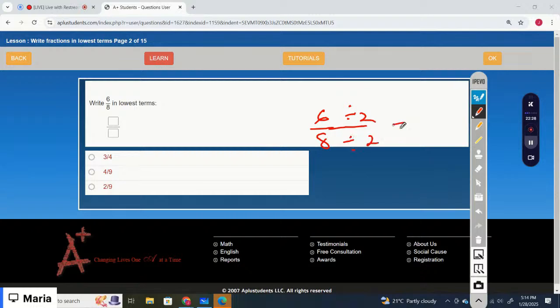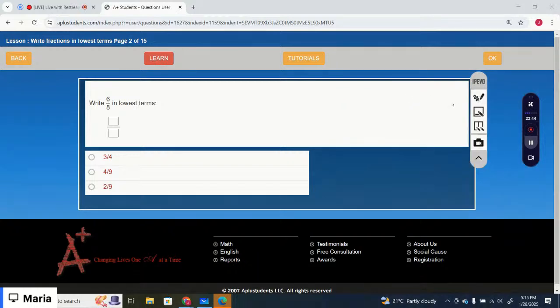So which is the correct option? 2 times 3 is 6 and 2 times 4 is 8. That is 3 by 4. Option number 1 is the correct option.